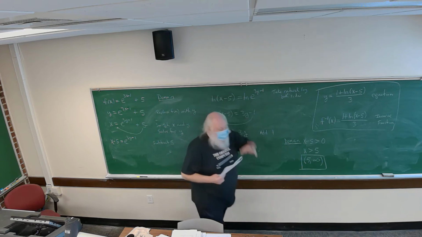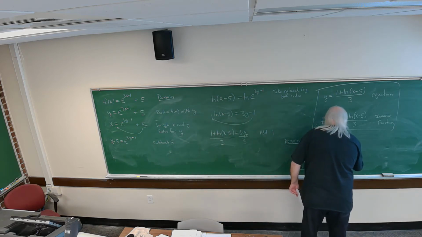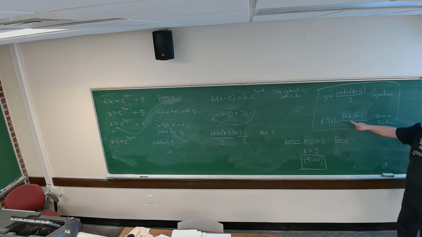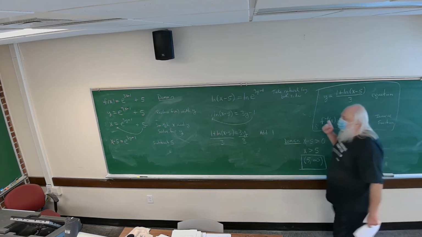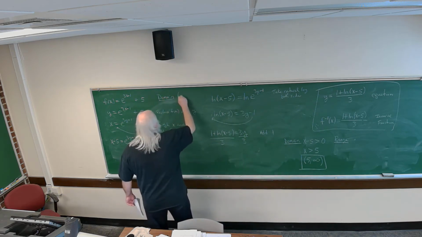Now the range. Now there's two ways to argue the range. The range of this inverse function is going to be determined by the range of the natural log function. But we also know that the range of an inverse function is equal to, I forgot to write the domain up here, should say minus infinity to infinity.